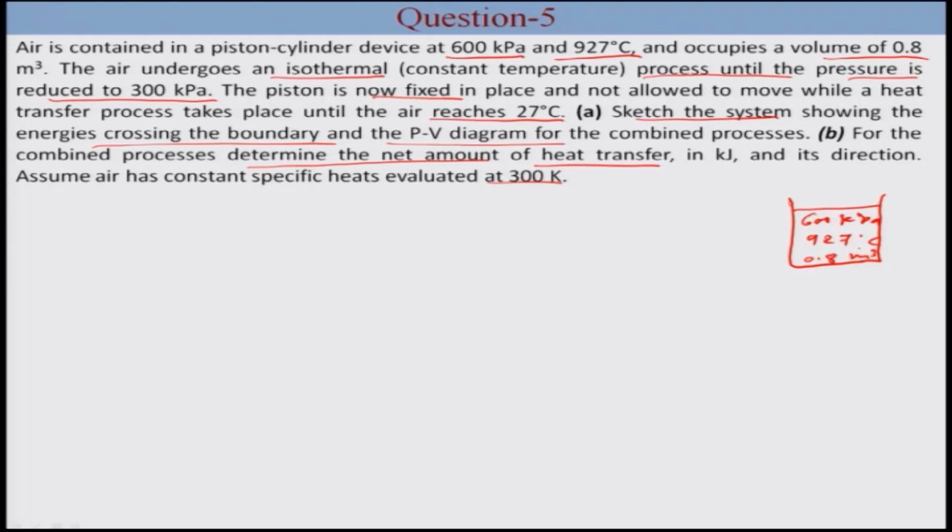It is said that air undergoes an isothermal process until the pressure is reduced to 300 kilopascal. That means air will do some work on the piston and it will lose its pressure to 300 kilopascal. So that means it will lose its energy to the surrounding as well.